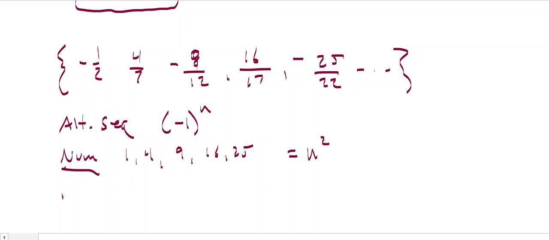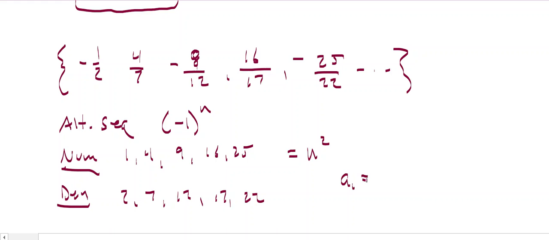And the denominator, if we look at the denominator separately, we have 2, 7, 12, 17, 22. And you'll notice that this is arithmetic.